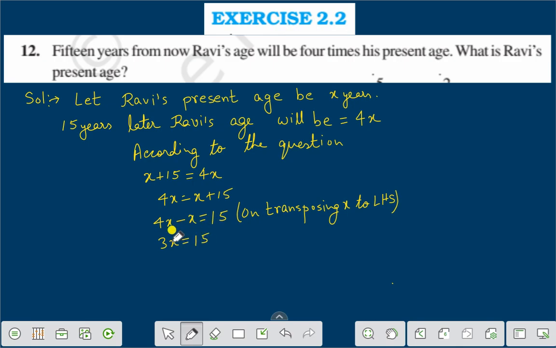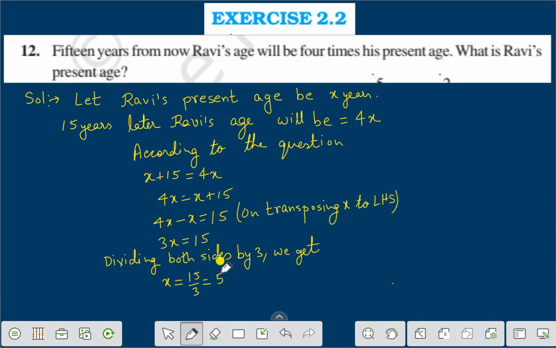Dividing both sides by 3, we get 3x by 3 is x, and 15 by 3, that is 3 5s are 15, 5. The value of x is equal to 5, right?